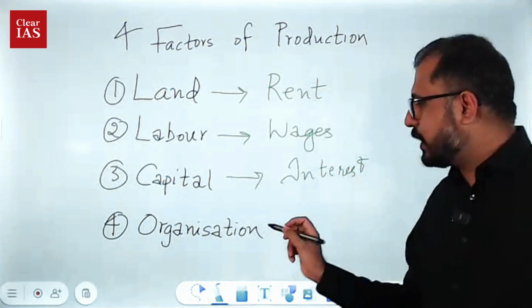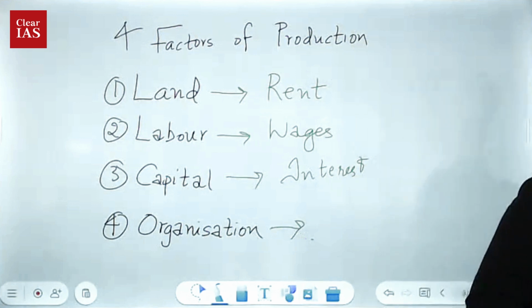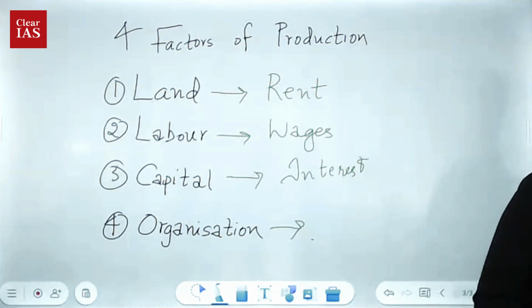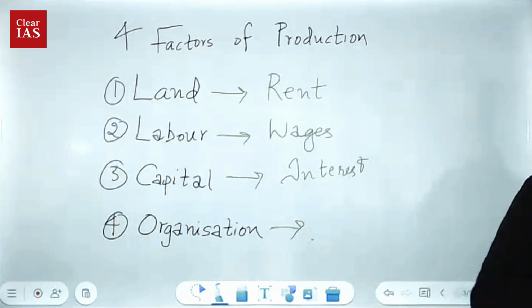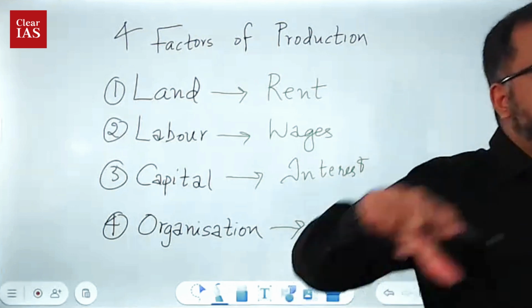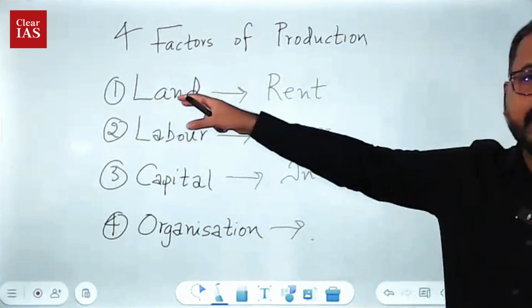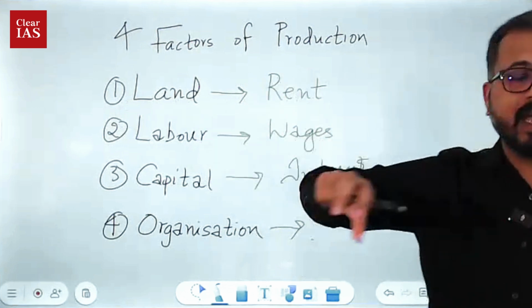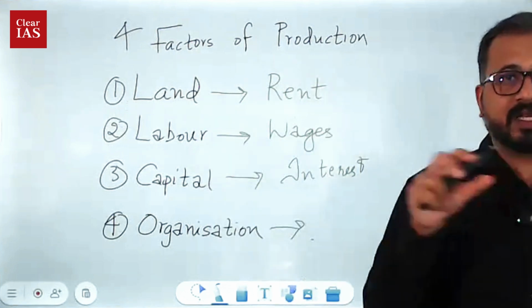And the organization. Organization means actually the entrepreneur himself, or entrepreneurship. So that farmer is the organization. There is only one entrepreneur here. He has to link everything, right? He has to meet the landowner to get the land. He has to go to the different laborers and organize them together and assign different responsibilities.